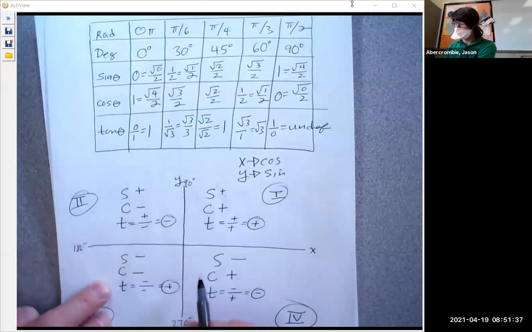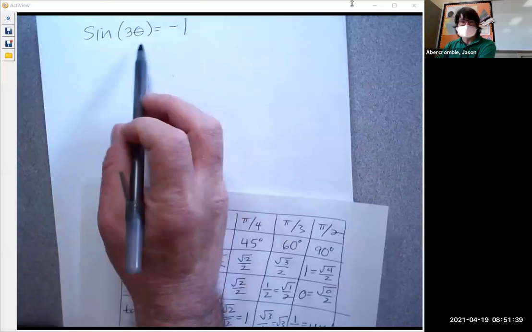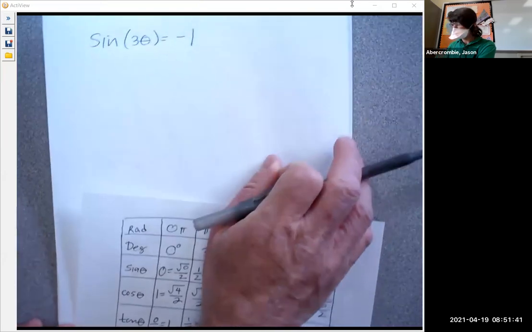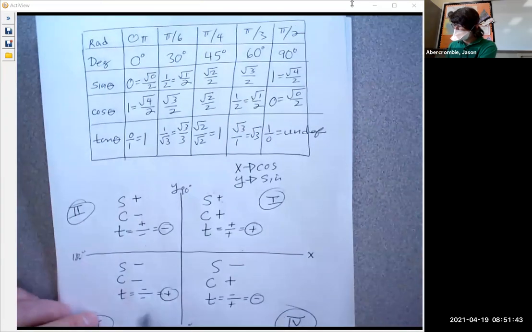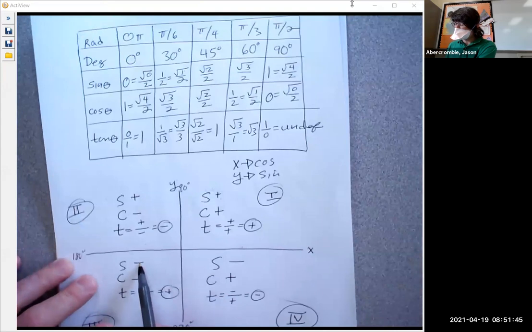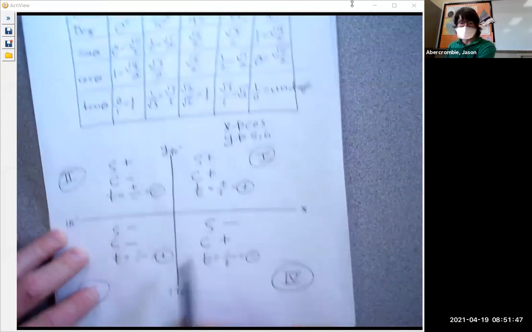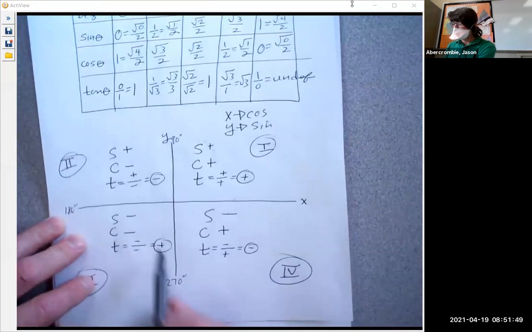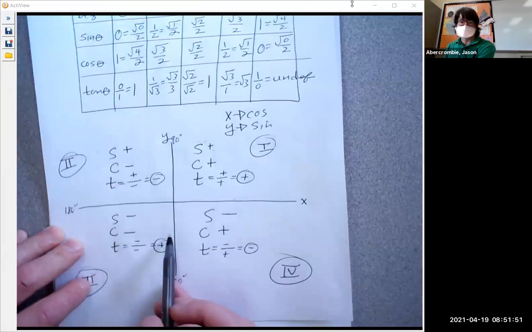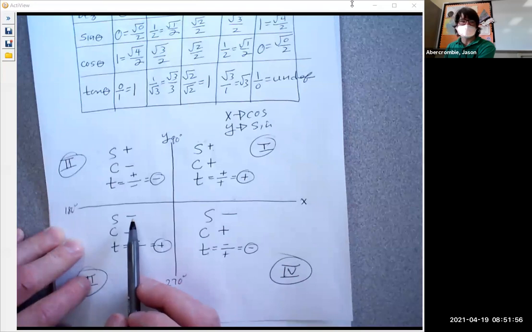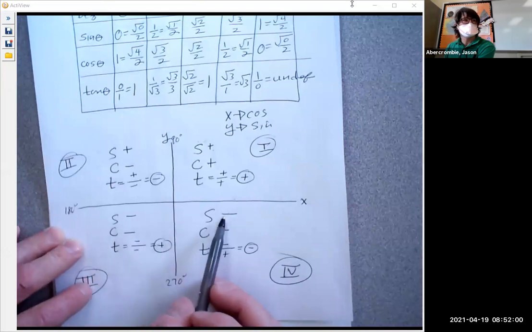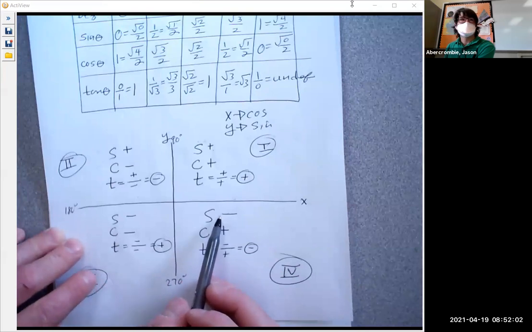And then downstairs, I wanted to know when sine equals -1. That was my question. Down here, watch this. If you go from negative to negative and you cross over the y-axis right here, if you had to pick between +1, -1, and 0, which of those numbers seems most likely you're going to skip over if you go from a negative to another negative? -1.